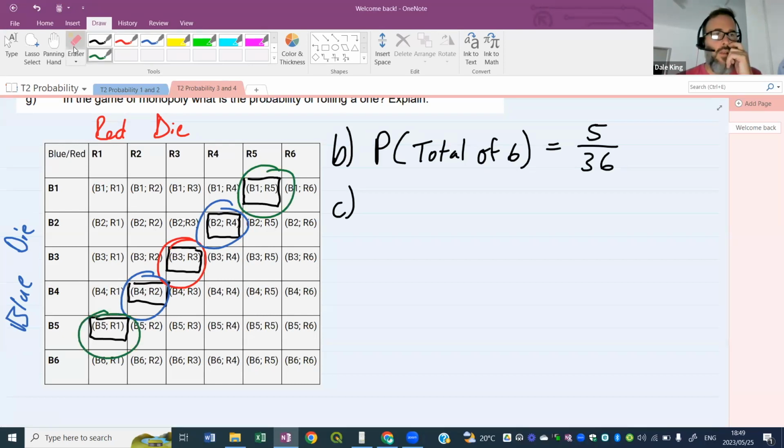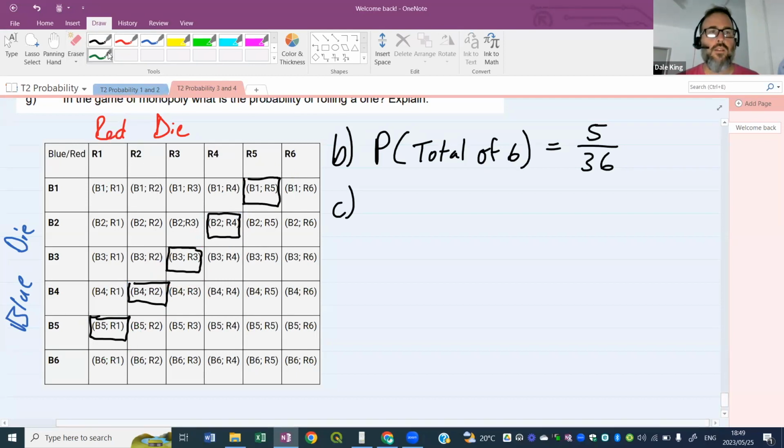Okay, so I'm looking at all the possible combinations that when you add them up, you're going to get 6. There were 5 of them, so it's a probability of 5 out of all the blocks in this table. There are 6 times 6, which is 36 blocks. I hope that explains. Okay.